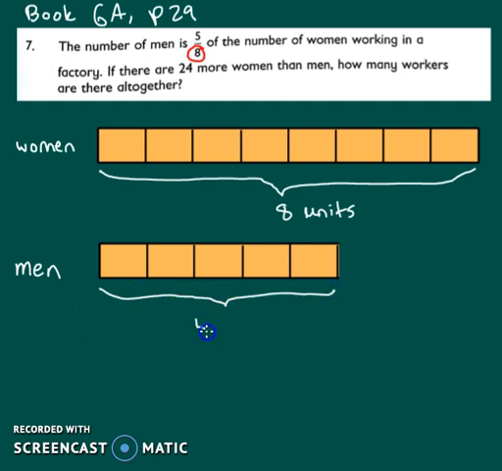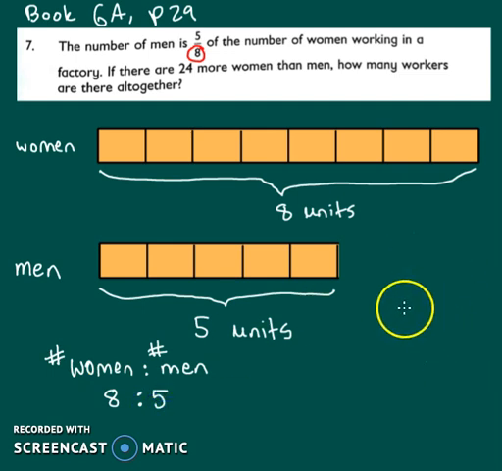And now you can easily see that the ratio of women to men, or rather let's say number of women to number of men, is 8:5.